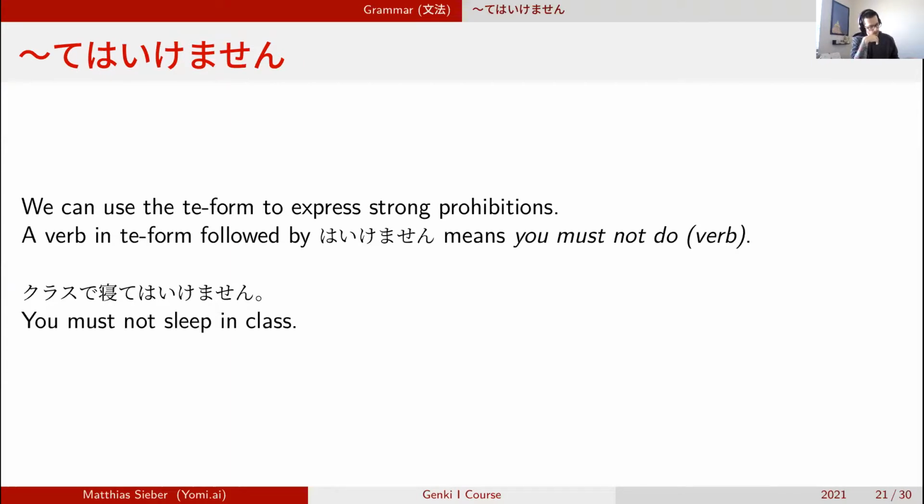Yonban. 音楽を聴く, right? 音楽を聴いてはいけません. Ku becomes ite, so 聞いてはいけません. 音楽を聴いてはいけません. Very good. はい。And 5番.